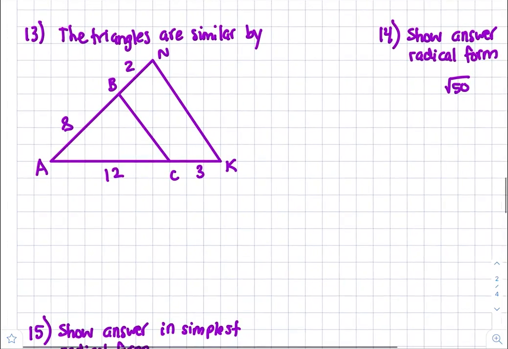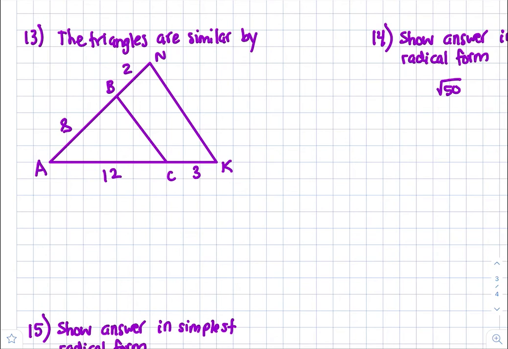13. Okay, so these triangles are similar by, well, you are comparing the smaller triangle with the bigger one. And they share the same angle right there. And let's see, that's 12 and 8. And for this one, the whole length is 10, and the whole length for this one is 15.